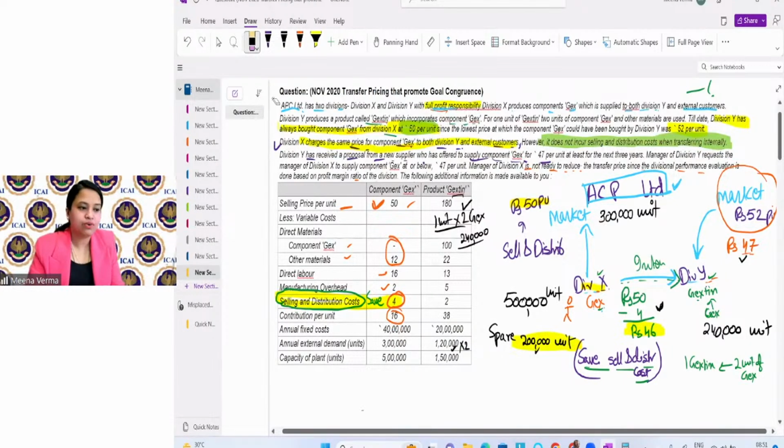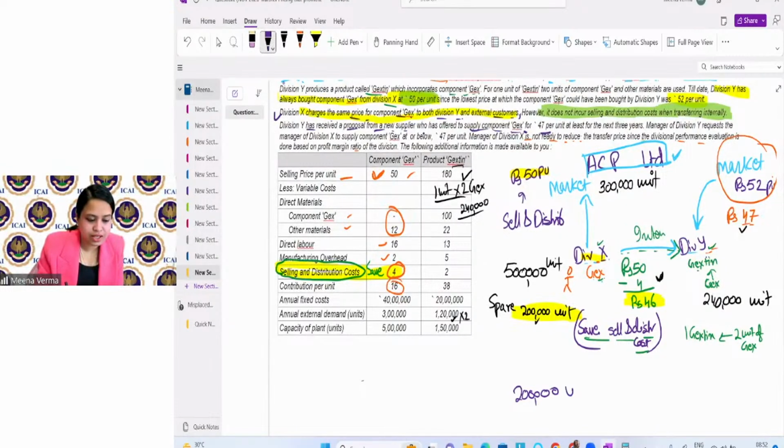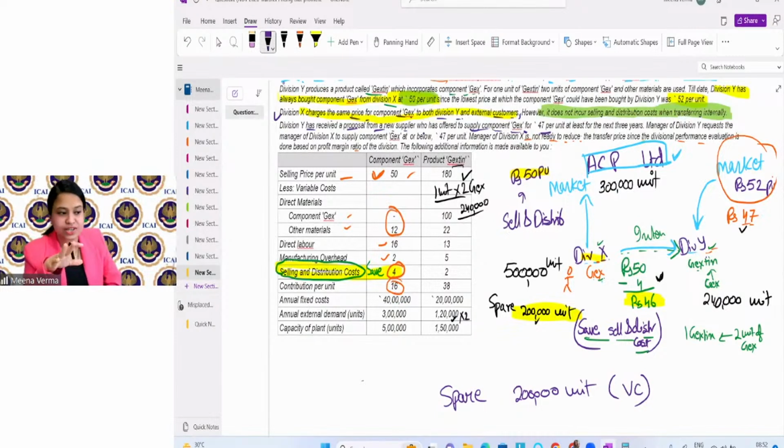When the company has spare capacity, you can see division X already has spare capacity for 2 lakh units. So when you have spare capacity, you can transfer the goods at variable cost only. To achieve goal congruence, division X should minimum expect variable cost on 2 lakh units.